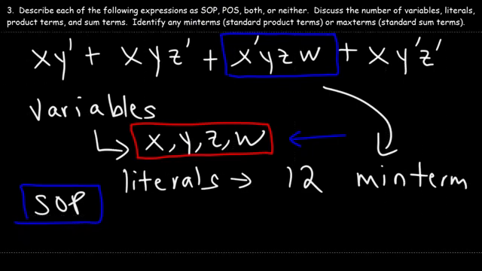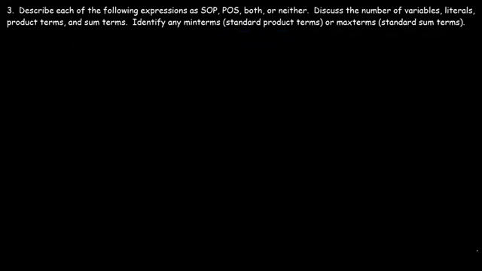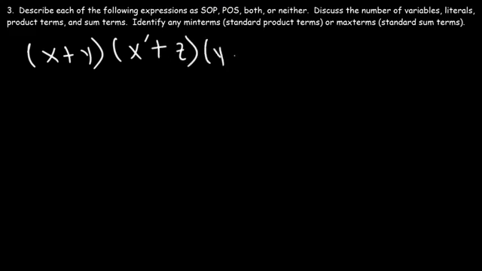Now let's move on to our next example. Consider this expression, x plus y times x prime plus z, and then times y plus z prime times x plus y plus z prime.